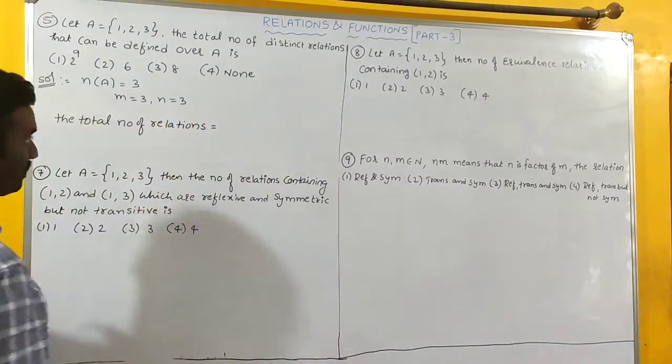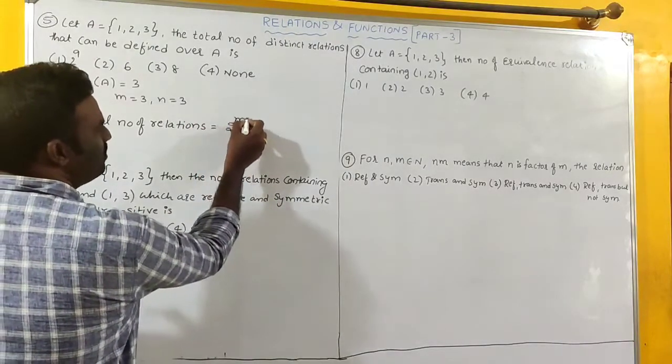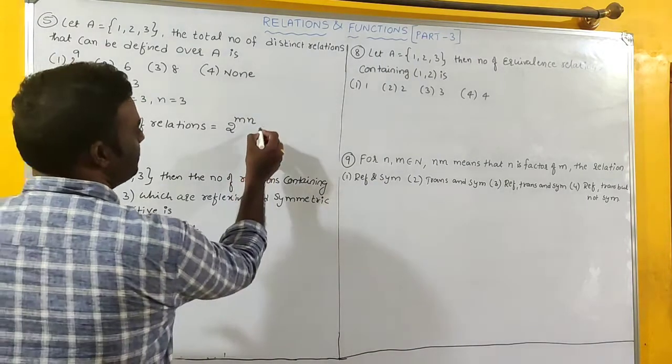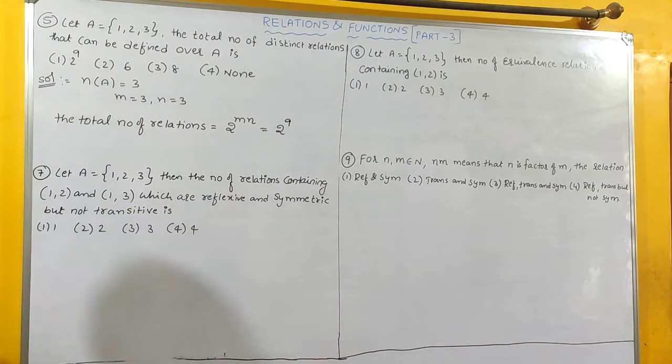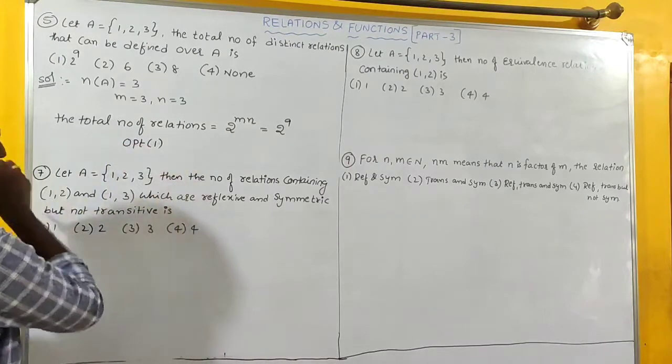Already in the synopsis I explained the formula for the total number of relations is 2 power mn. M value 3, n value 3, 3 times 3 is 9, that is nothing but 2 power 9 is the correct answer. That is nothing but option 1 is the correct one.